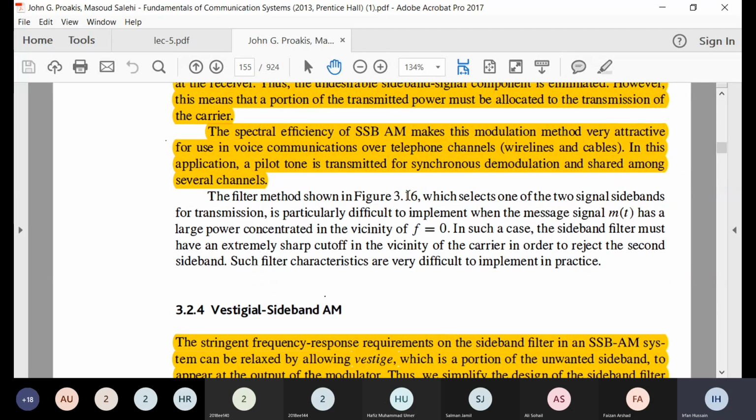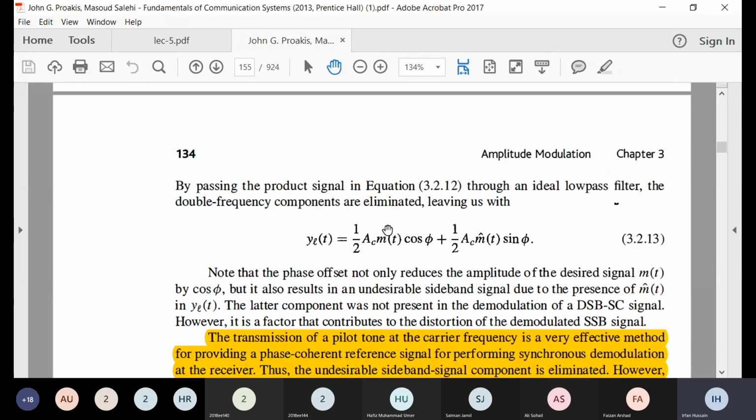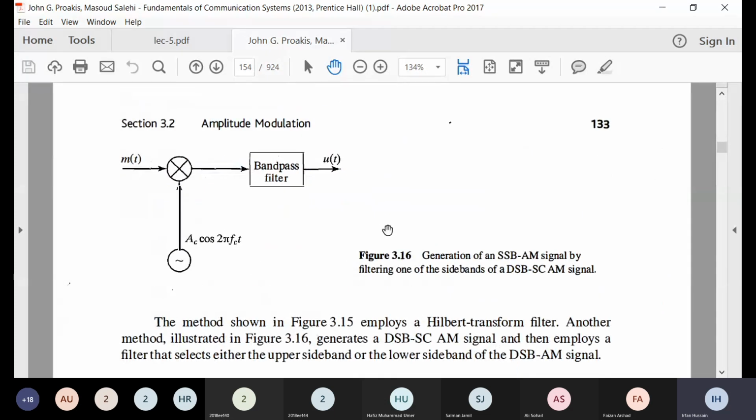Another method for demodulation is the filter method. And you can use this here. I think it's also shown previously, this one, that you multiply, but then you pass through a band pass filter so that you get only the upper or the lower sideband.